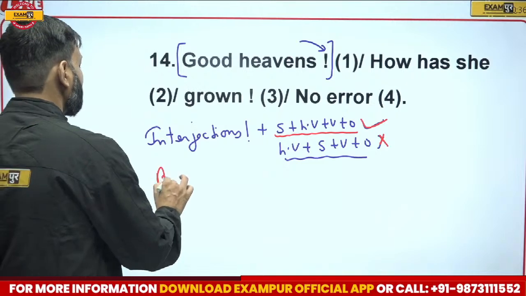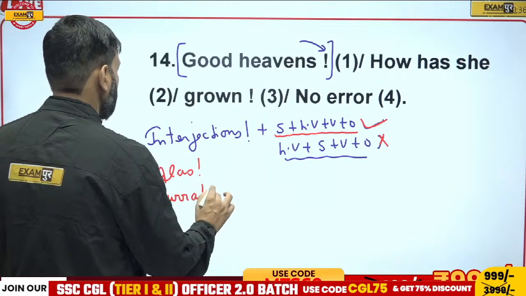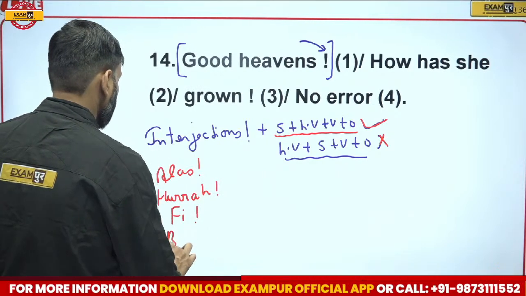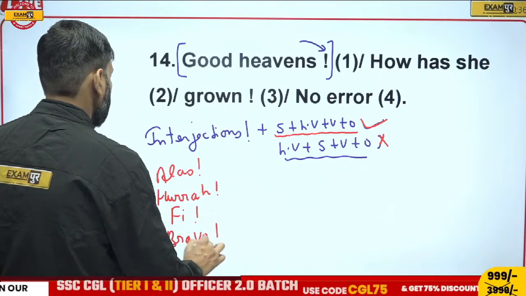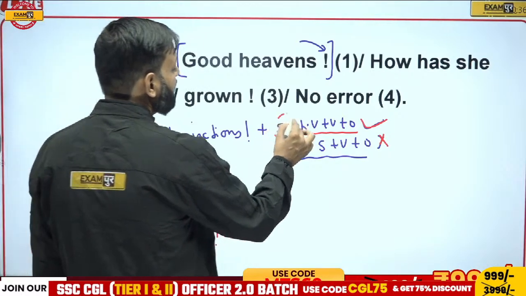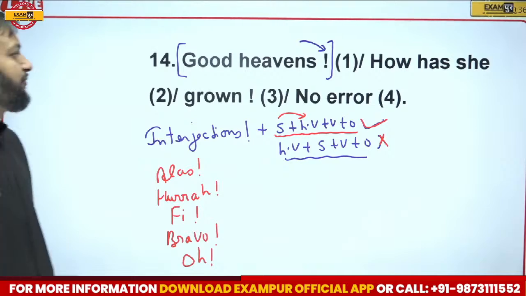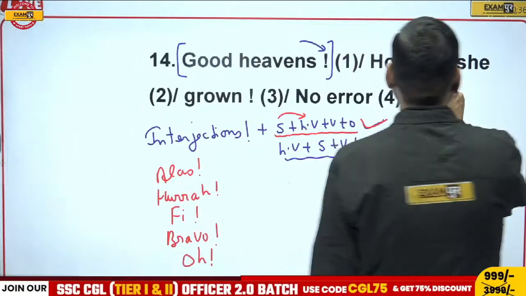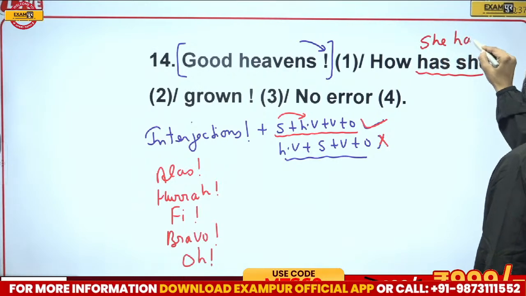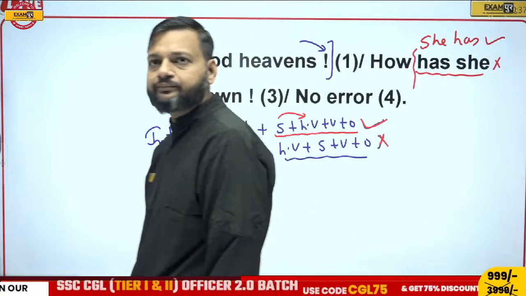Other interjections are alas, hurrah, bravo, oh. These are interjections. So interjections are always used with assertive sentences, meaning subject plus helping verb. So here we need to replace has she by she has. Okay, clear?